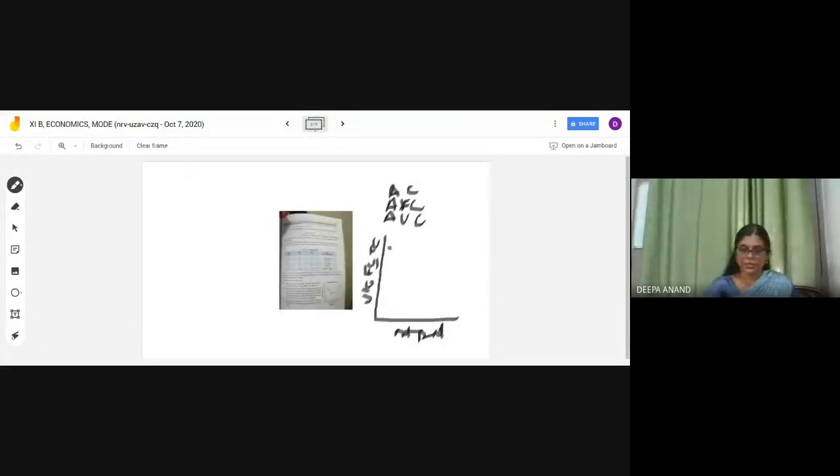Okay, and in the first case, your TFC line was like this. I have not drawn this uniformly, but still, the shape is like this. The shape of the average fixed cost curve is like this.